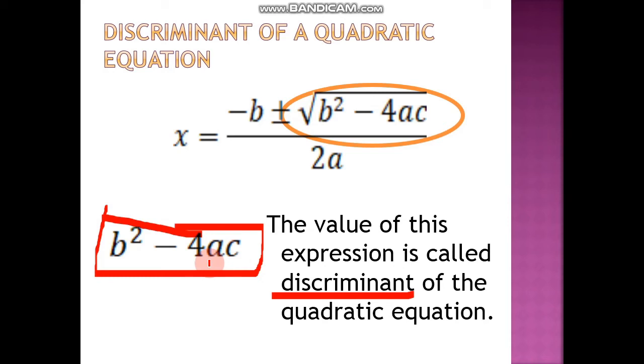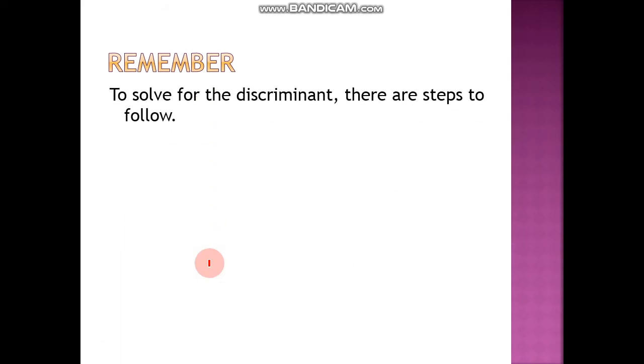This value can be used to describe the nature of the roots of a quadratic equation. It can be 0, positive and perfect square, positive but not perfect square, or negative. Please remember this. To solve for the discriminant, follow the steps.